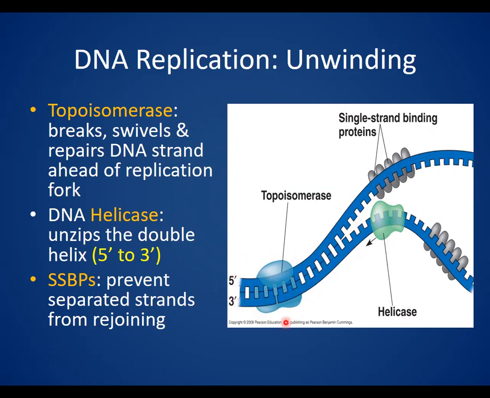But at this point, the strands are still attached to each other. Now, if you want to make a copy of each strand, the copying mechanism has to get in the middle there somehow. So the next thing that has to happen is the DNA double helix has to unzip, literally like a zipper. For that, there's a molecule called DNA helicase that basically goes along and unzips the DNA strand.